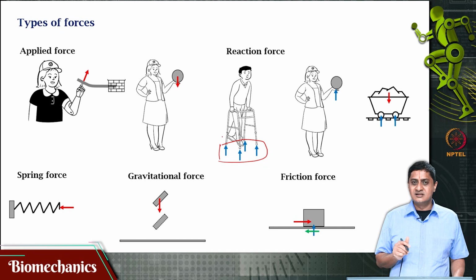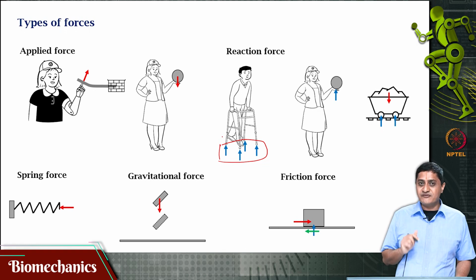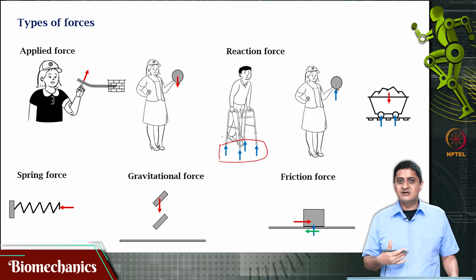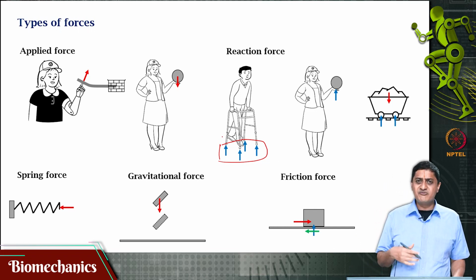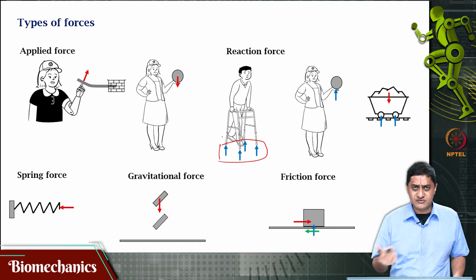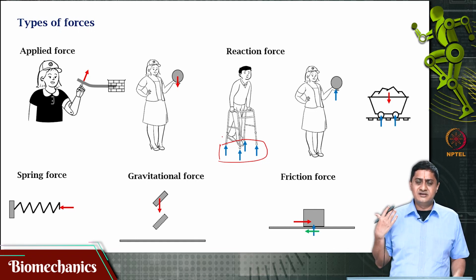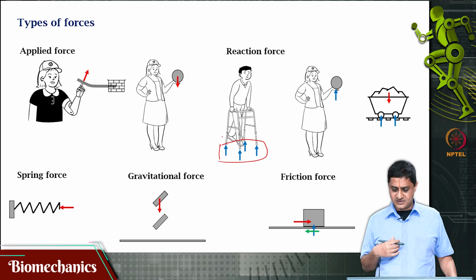This is the reason you are not accelerating downwards, right. So that force is called reaction force. Specifically when the ground is applying this force on your feet, there is a special name for it, called ground reaction force in postural balance, and while analyzing gait and walking, we call this force ground reaction force. Okay. So that is the reaction force.